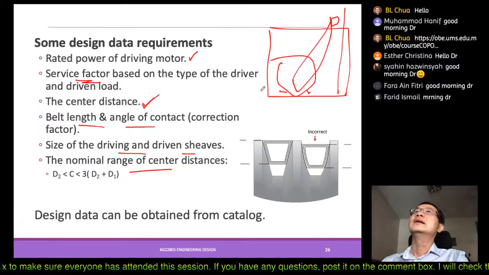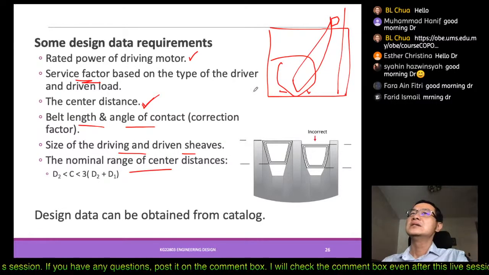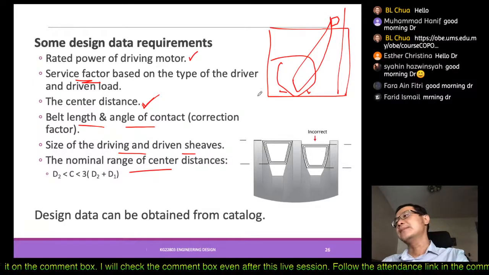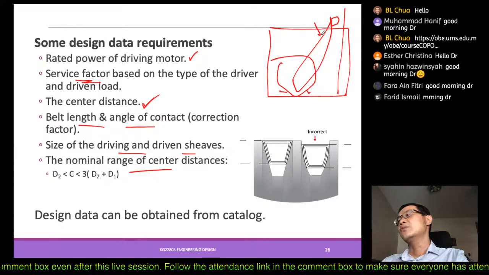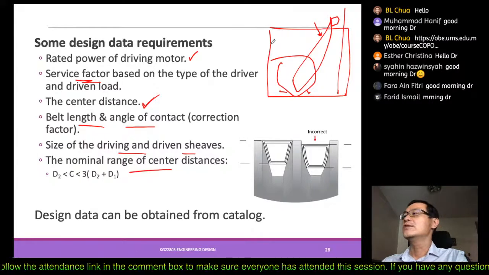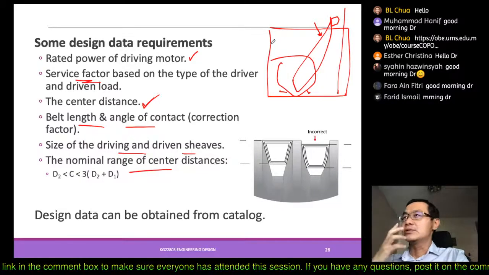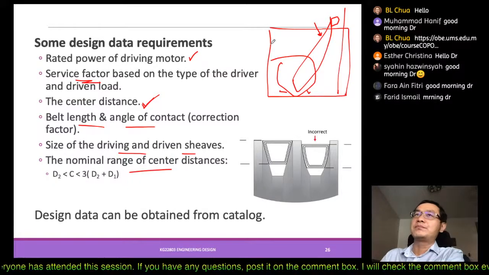If it happens that in an existing system, let's say you are working in an oil and gas company where you have a centrifugal pump to pump water, maybe to supply cooling water to a certain part of the machines.